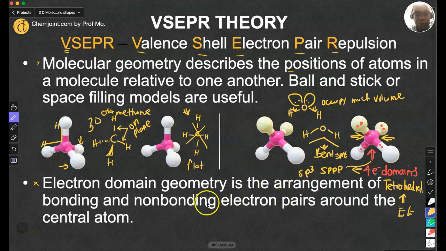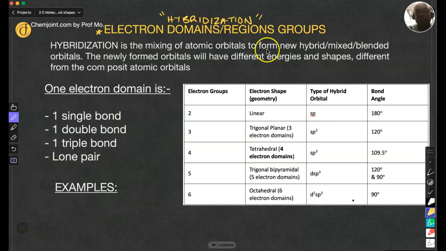Alright, so electronic geometry is the arrangement of bonding and nonbonding electron pairs around the central atom, or the atom in focus. Hybridization is a mix of the orbitals s, p, d. Those are the most common.